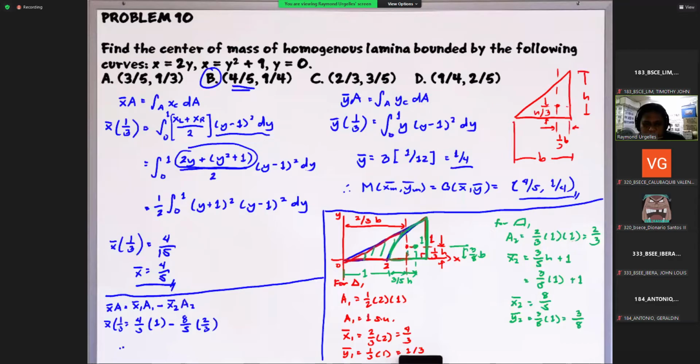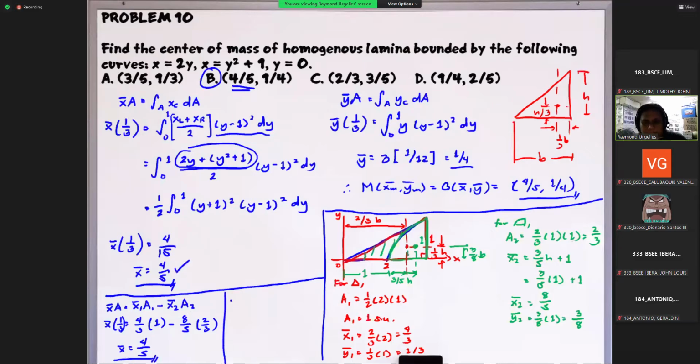Solving for x bar: 4/3 minus 8/5 times 2/3, then times 3. You will get 4/5. As you can see, it's the same as what we solved here.